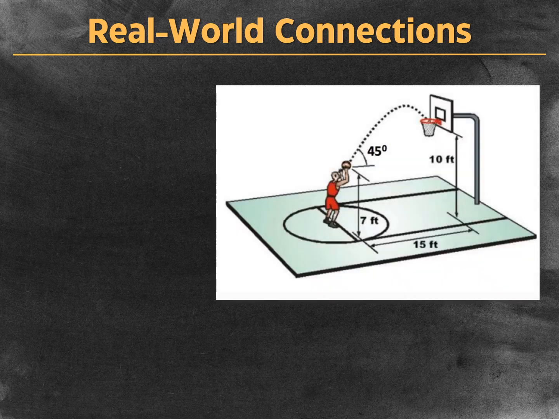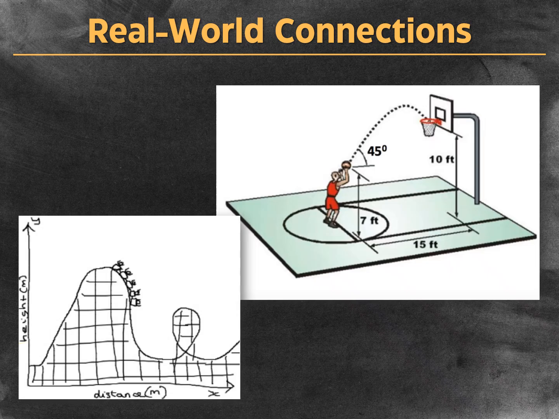Okay, why bother with all this? Because polynomials and rational functions aren't abstract. They're everywhere. Think of a basketball's arc, which would be a quadratic polynomial modeling height over time, or cubic functions for roller coaster loops, which will predict turns and drops.